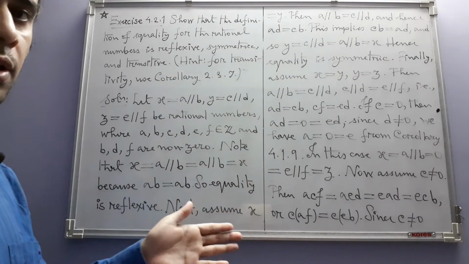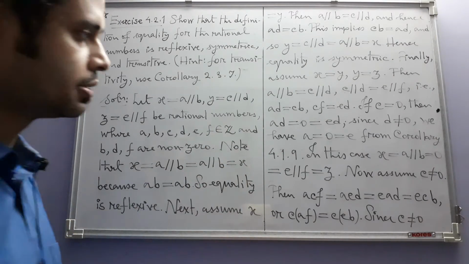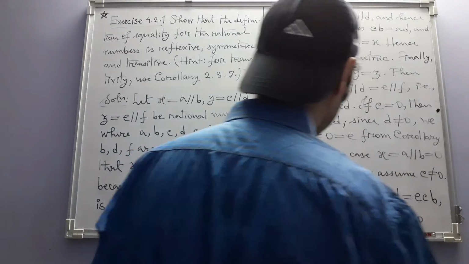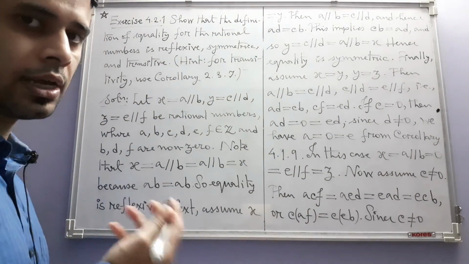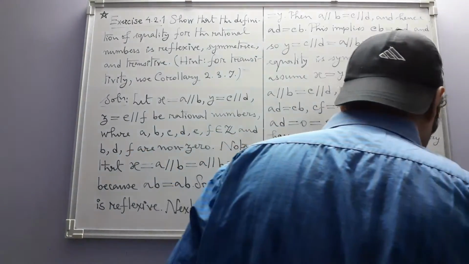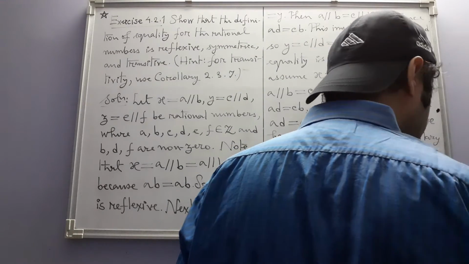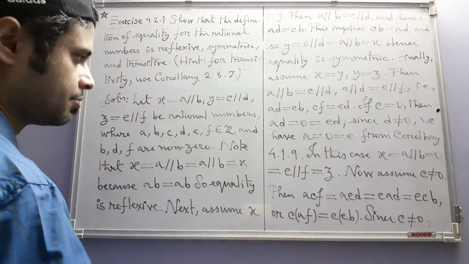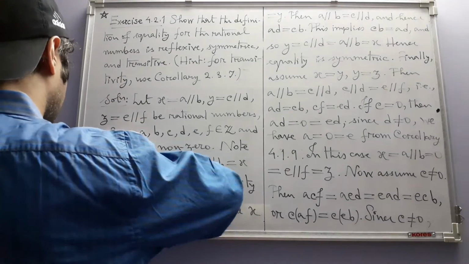That's why it's the corollary, it's not the actual result. It's a consequence of the fact that the integers lack 0 divisors. So since c is not equal to 0, again here we can use this corollary 4.19.